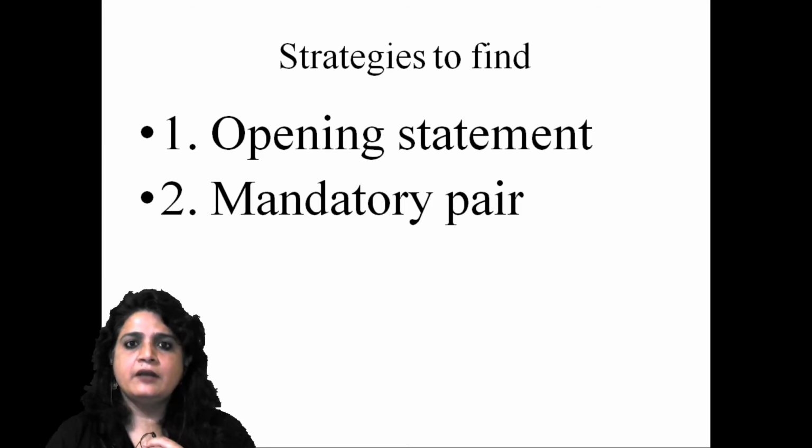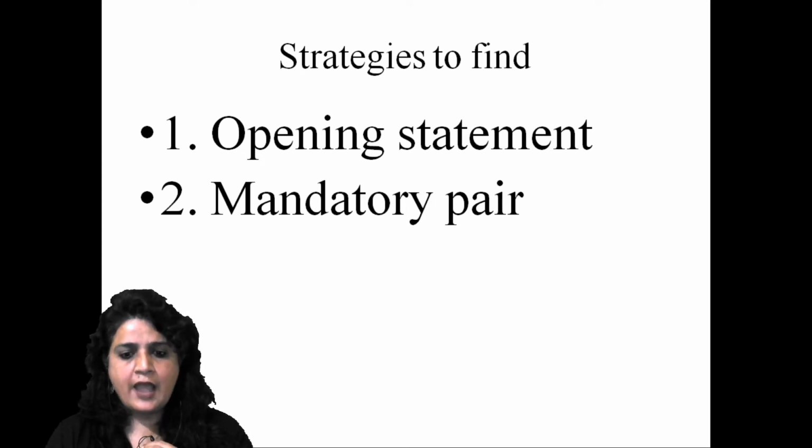So a mandatory pair is a pair of sentences where one has to come after the other. There is some inherent link between the two statements which makes them go one after the other. Right?